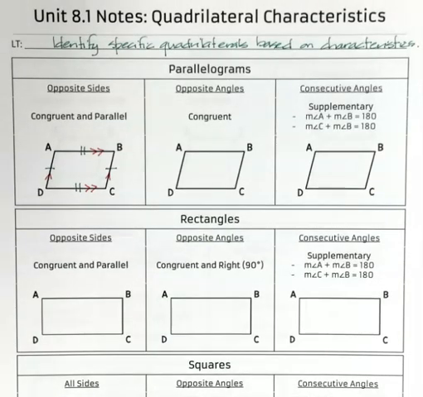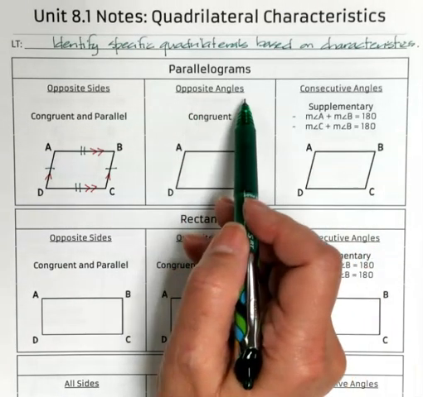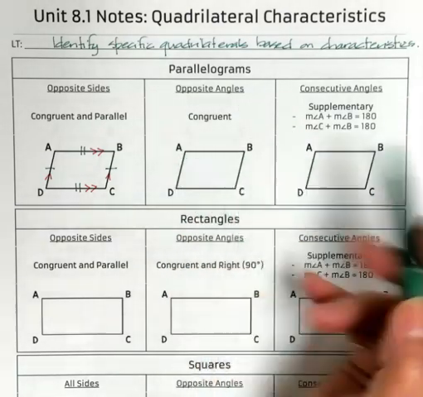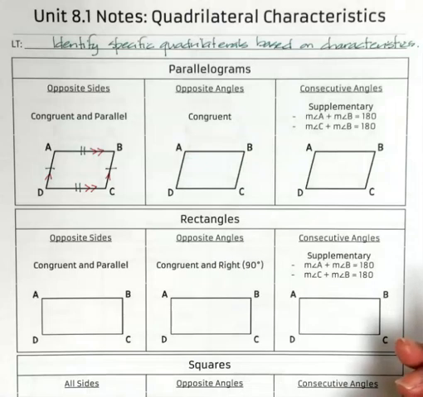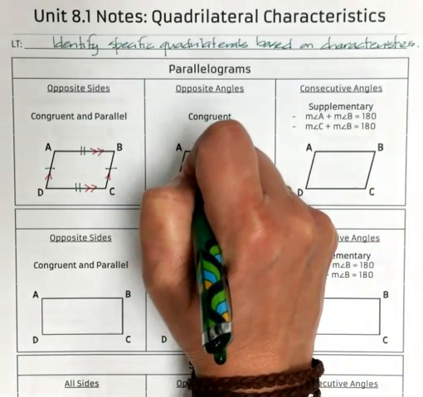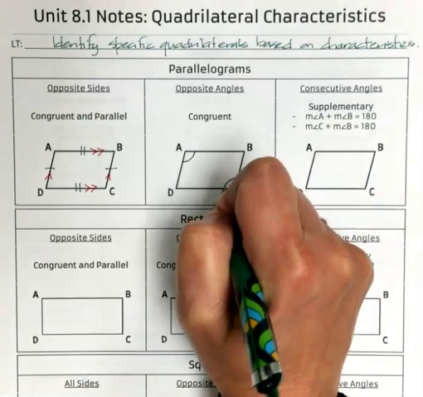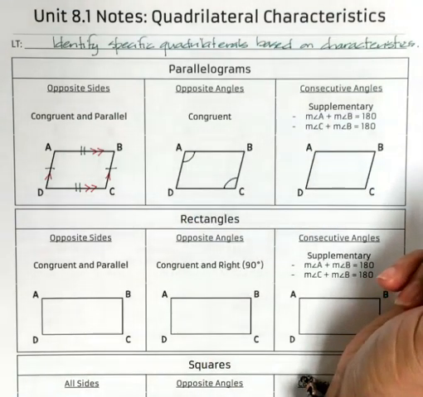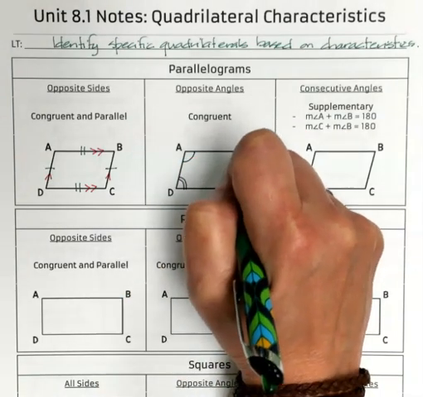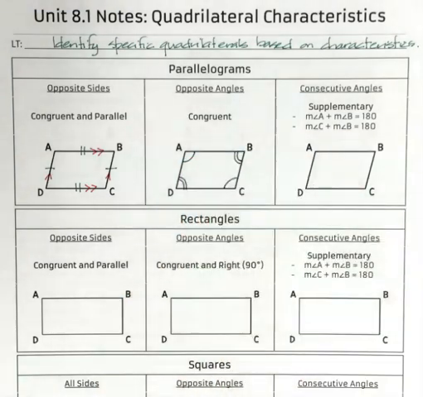Okay, so that's the sides. Opposite angles are those that are across from each other, and opposite angles are congruent. So in this case, angle A is congruent to angle C, and angle D is congruent to angle B.